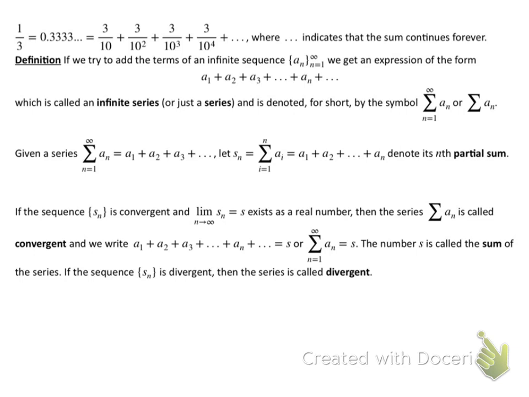terminology means, okay? So if we try to add the terms of an infinite sequence, a_n, we get an expression of the form a1 plus a2 plus a3, all the way to a_n, and they keep going. So you can imagine series is the sum of the terms of a sequence.